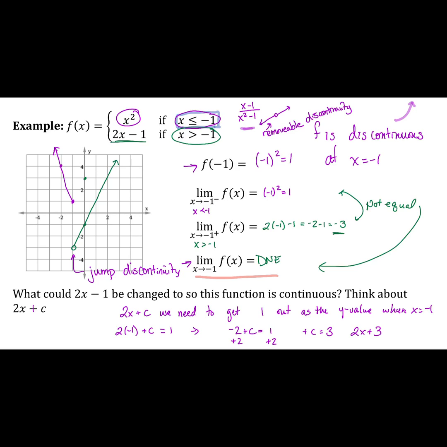We can kind of see it from our graph, but what that C needs to be so that our two graphs meet up. So we took -1, plugged it in for x, and we need that output to be +1. So we then solved and figured out what C needed to be so that would happen. C needs to be 3. And that's exactly what we saw by moving that graph up.